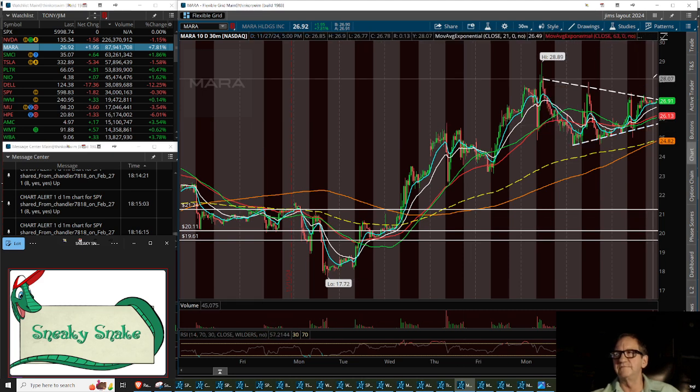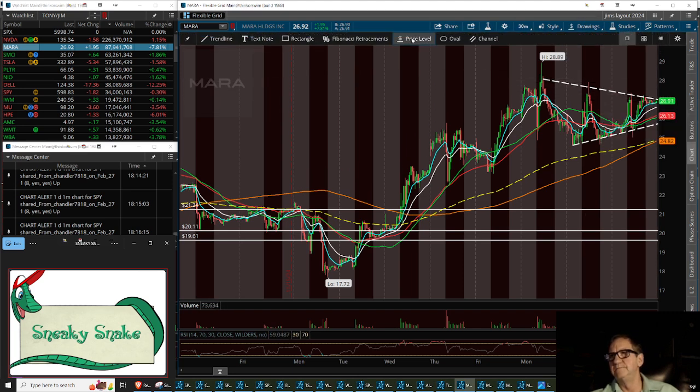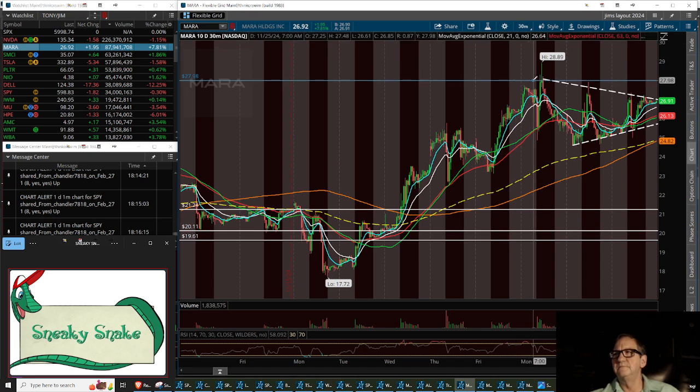So that's a symmetrical flag, and we're at resistance right now. If this thing decides to break out, the next resistance will be the double top, right around $27.96, and that's where it's been having a hard time breaking, right around that $28 level.